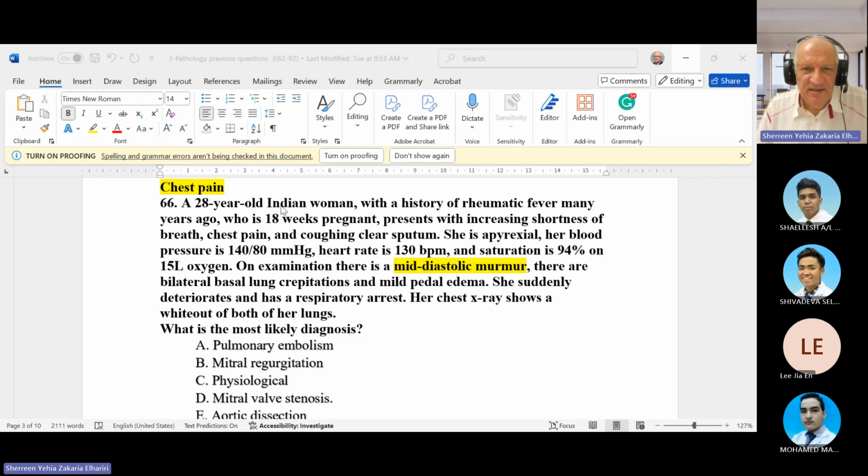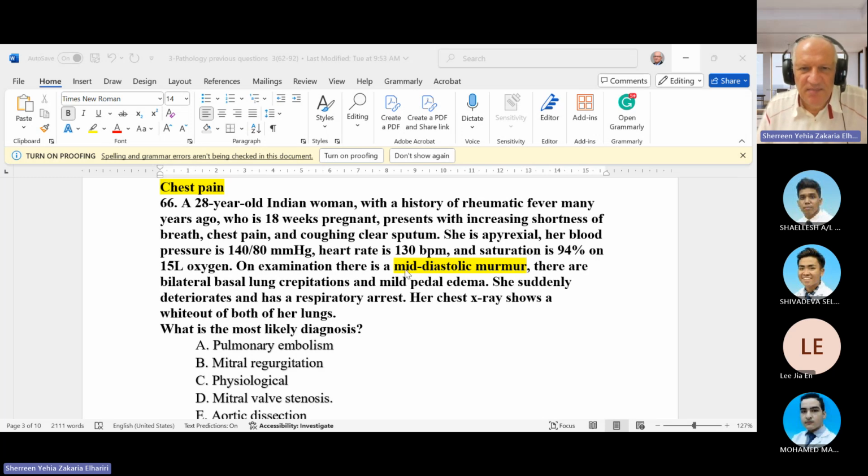28 years old Indian with a history of rheumatic heart disease many years ago, 18 weeks pregnant, presented with increased shortness of breath, chest pain, cough, clear sputum, apyrexial, so no fever. Her blood pressure is 140/80 millimeters of mercury, heart rate 130, saturation is 94 on 15 liters of oxygen, which is a big amount.